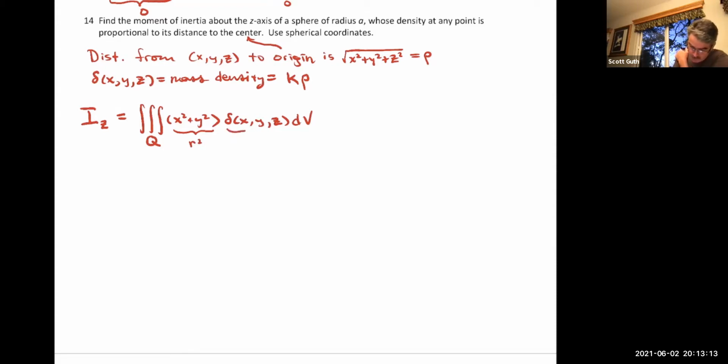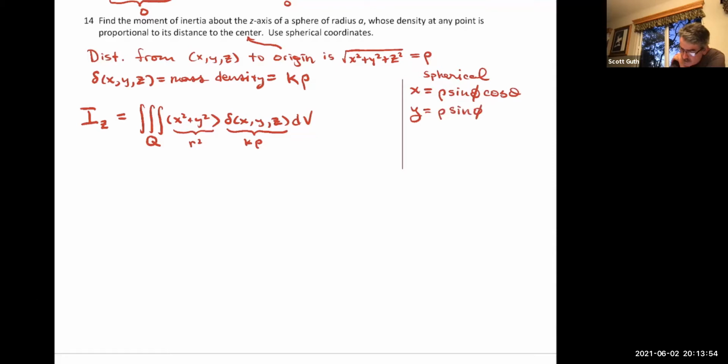I've got some confusion with my coordinate systems here, so let me remind myself of spherical coordinates. x is rho sine phi cos theta. y is rho sine phi sine theta. z is rho cos phi.